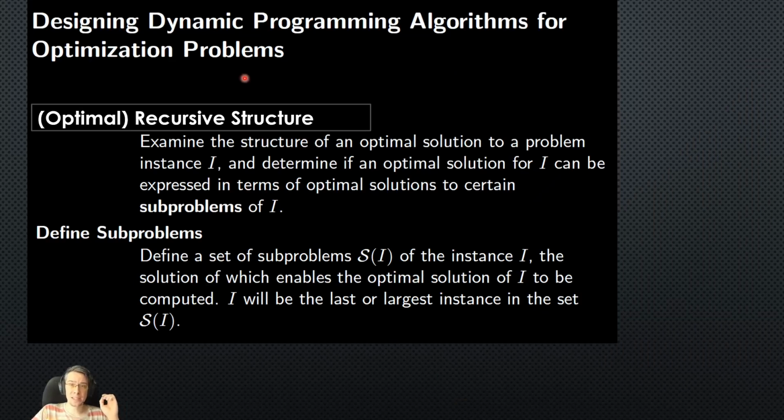Okay, so how do we design a dynamic programming algorithm for optimization problems? Now, just like with greedy, where we talked about designing greedy algorithms for optimization problems, but not all problems that we solve in a greedy way are optimization problems. Similarly here, I'm going to describe how we solve optimization problems using dynamic programming. But sometimes the problems that we solve using dynamic programming aren't optimization problems.